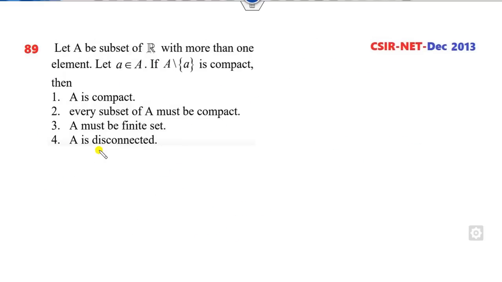Okay, now look at another option. A is a subset of R. A is any subset of R with more than one element. Then A minus A is compact. What is given to you? A is compact. Now we all know this is a singleton.